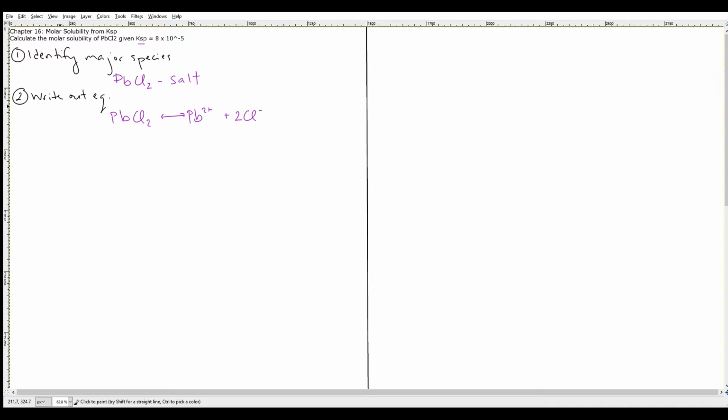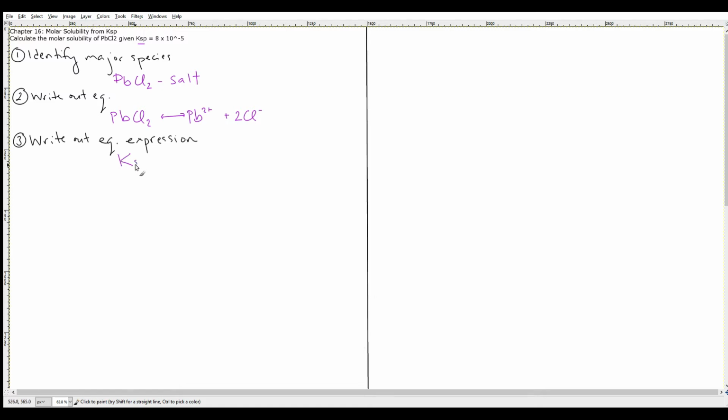So now we're going to write out our equilibrium expression. Do we need to do a dilution on this problem? Nope, nothing's getting mixed together. It doesn't get diluted.